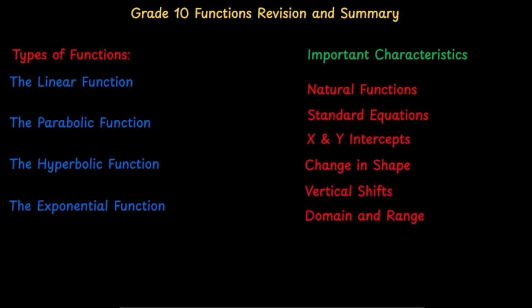and it would allow you to define a function mathematically. Another important point for each function would be its x and y intercepts, because x and y intercepts are important points for this function. It allows you to visually see the shape of the function, right? Changes in shape can be applied using, for example, for the linear function, the m value. For the parabolic and hyperbolic function, you'd use the a value.